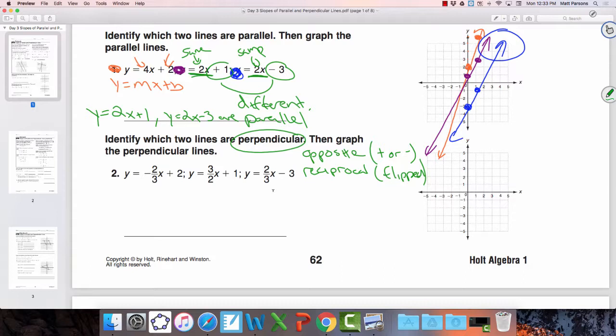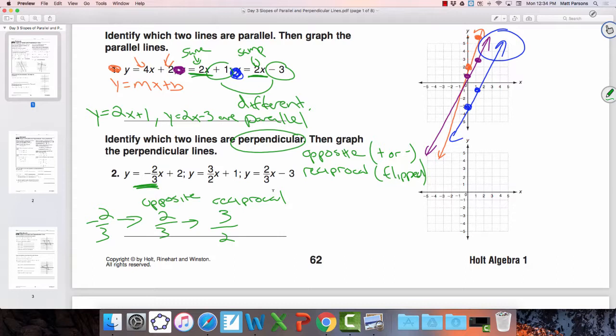If I take negative 2/3 and change it, the opposite is just 2/3, and then I change it again to the reciprocal, that's 3/2.